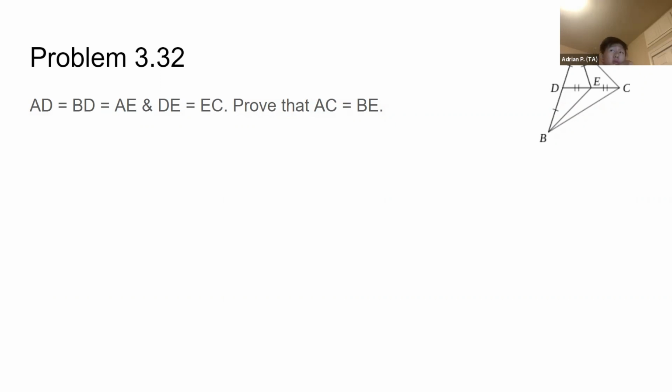Using that logic, you can prove that AEC is equal to BDE. Then you'll have an SAS congruency. Therefore, AC is equal to BE. So that's that question.